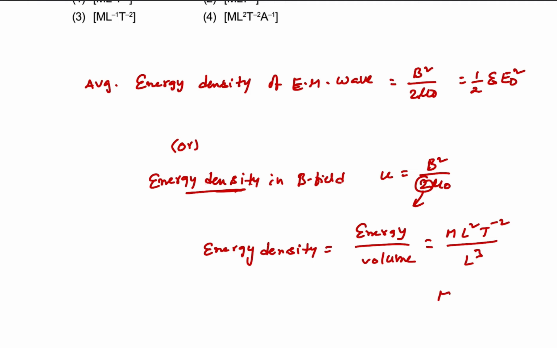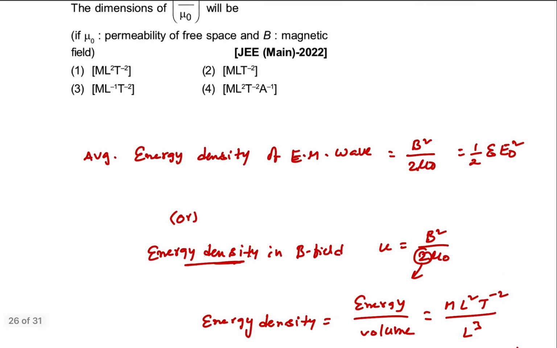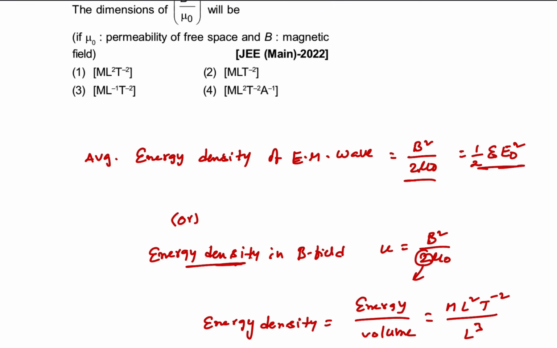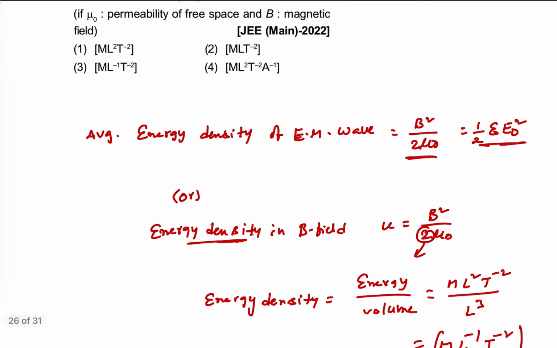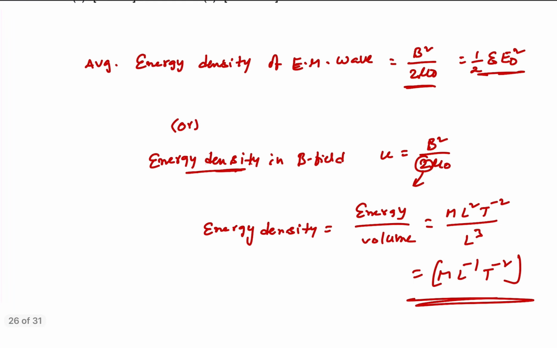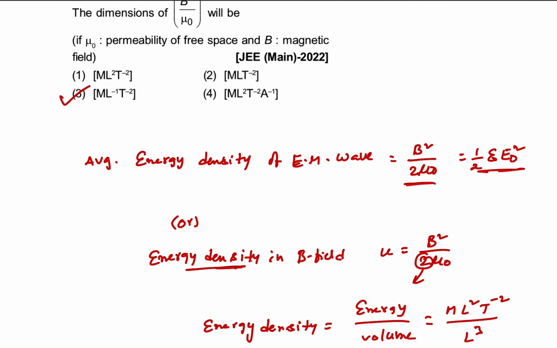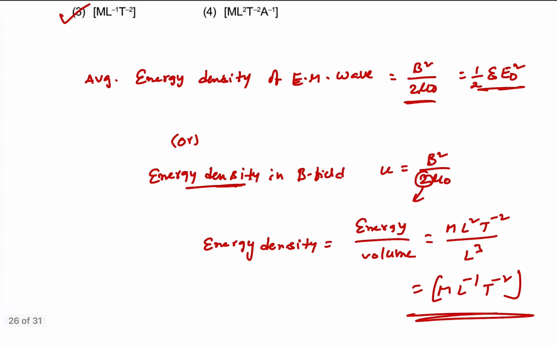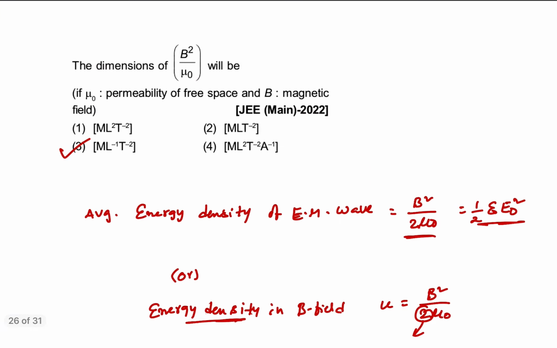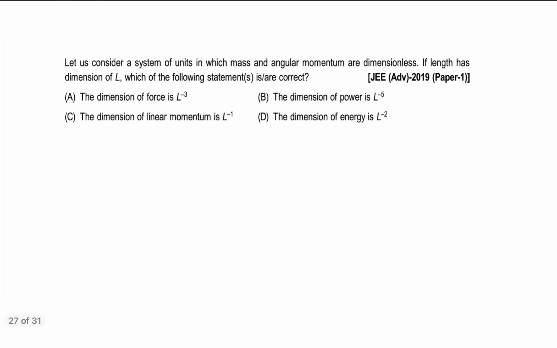M L square T power minus 2 divided by L cube. So we get M L power minus 1 T power minus 2. This is the dimension formula of energy density, of epsilon naught E naught square or B square by 2 mu naught. So they have the same dimension, M L power minus 1 T power minus 2. In this, the third option is the correct option, energy density.